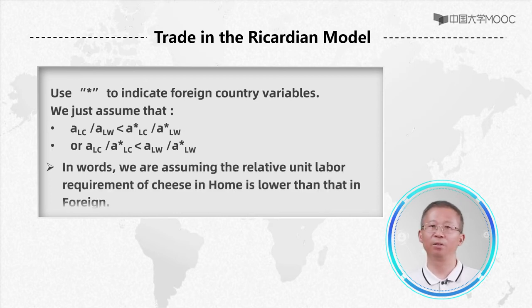In words, we are assuming the relative unit labor requirement of cheese in Home is lower than that in Foreign. And recall aLC over aLW also represents the opportunity cost of cheese in terms of wine.